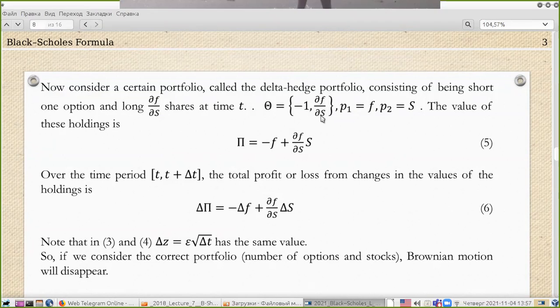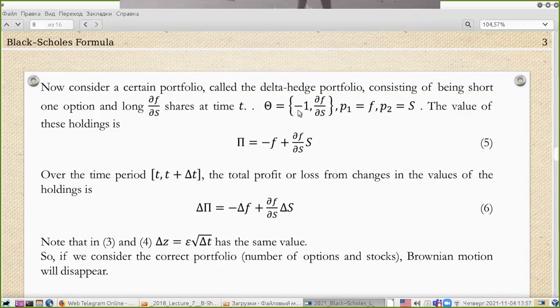So minus 1 is a short position, and it is the amount of options. It is with minus, yes, so it is a short position.